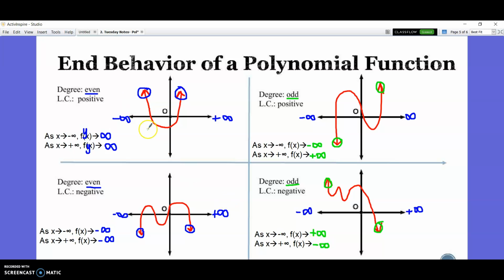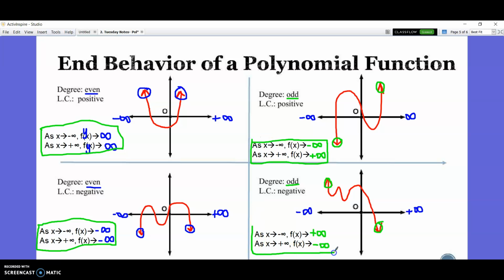So this is your end behavior, and you can write either f of x or y, but these two math sentences are what end behavior is. This is what you would write for end behavior. And you just look at the ends.